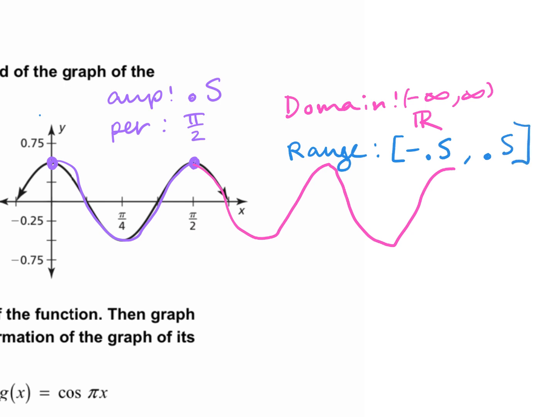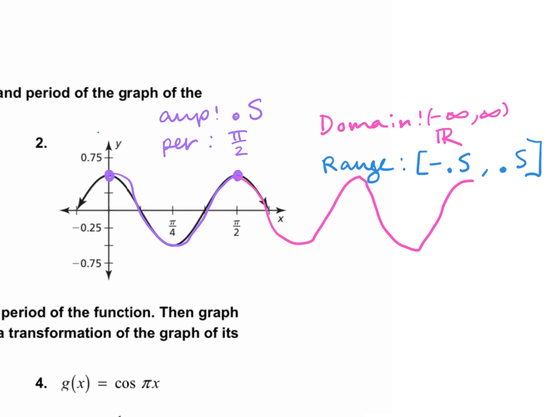So our range would be in between negative 0.5 and positive 0.5, because it never goes past 0.5 or below negative 0.5. The domain will always be all numbers. Yes, for sine and cosine, your domain will always be all real numbers.